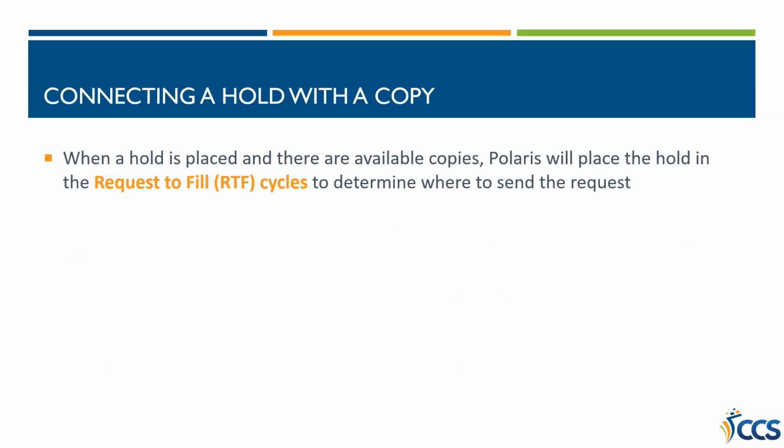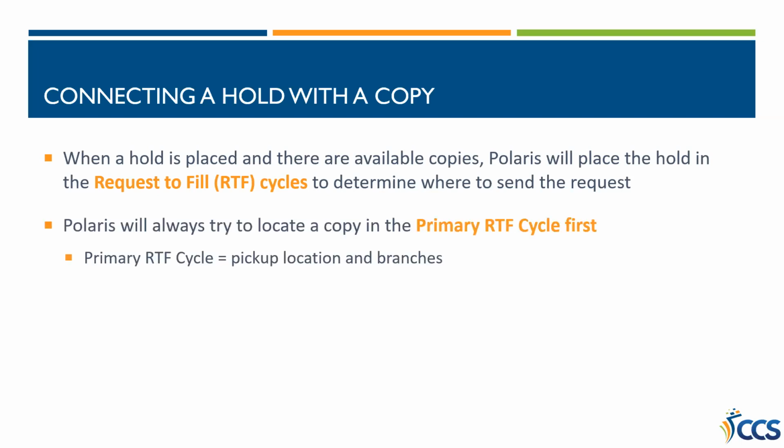Let's do a quick recap about the RTF cycles here. So if a hold is placed and there are available copies in the system, Polaris will place the hold in the request to fill cycle or the RTF cycles to determine where to send that request.